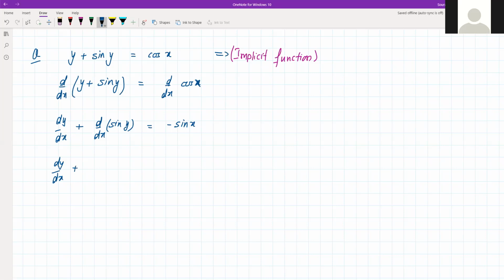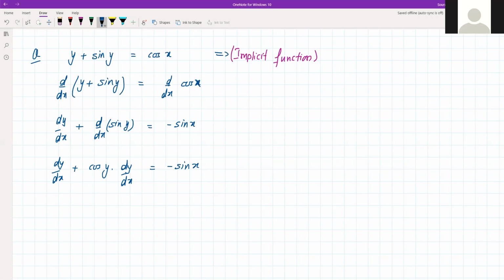The second part is sine of y, and y is a function of x, so it is a candidate for chain rule. Sine is a function of sine of y, and y is a function of x. So apply the chain rule. That is, differentiation of sine y is cos y into differentiation of y, that is dy by dx. This is equals to minus sine x.